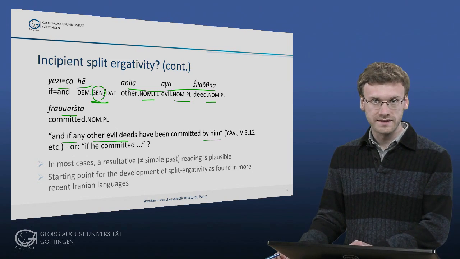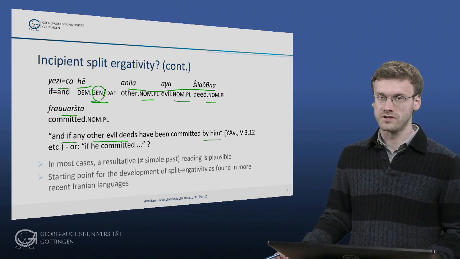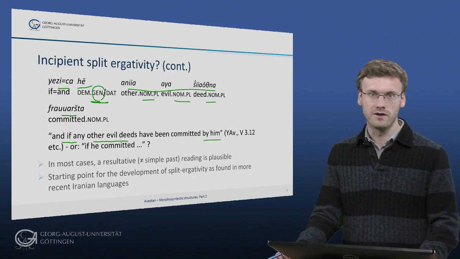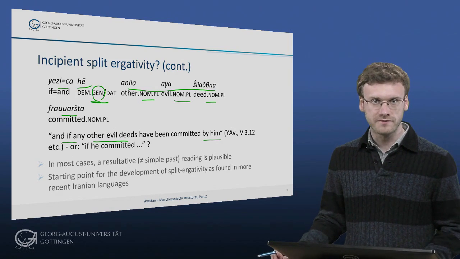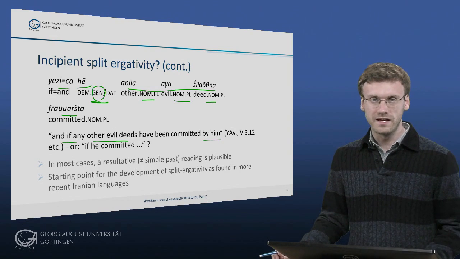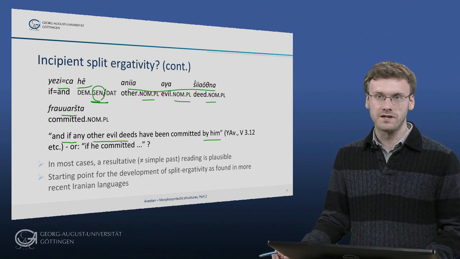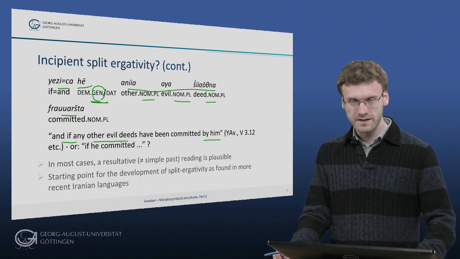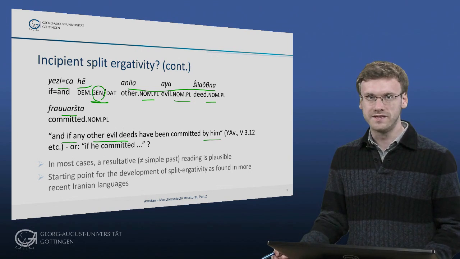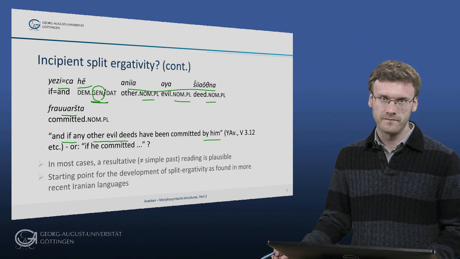In most cases, nothing speaks against reading such a construction not as a simple past, but as a sort of periphrastic passive of the perfect, especially when the resultative character of the construction is obvious. Since otherwise there is ample evidence for nominative-accusative alignment also in the past tense, the situation found in Avestan may at the most represent the starting point for split ergativity of the later Iranian type.